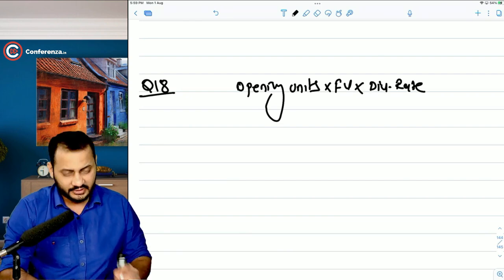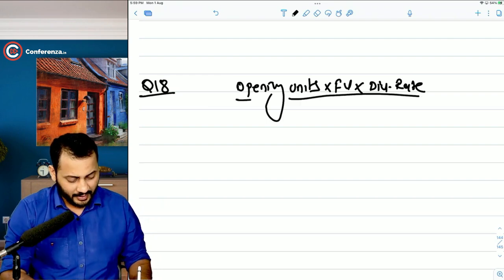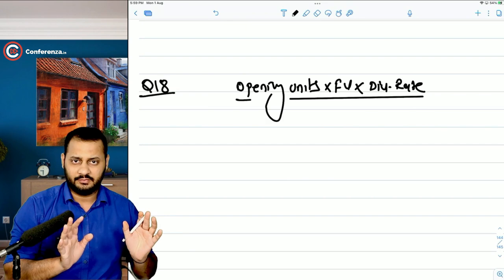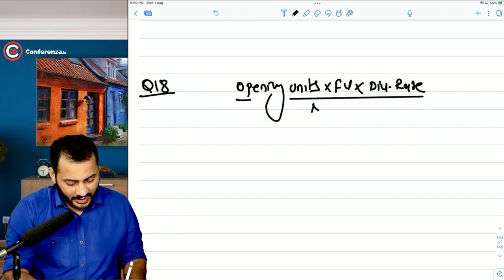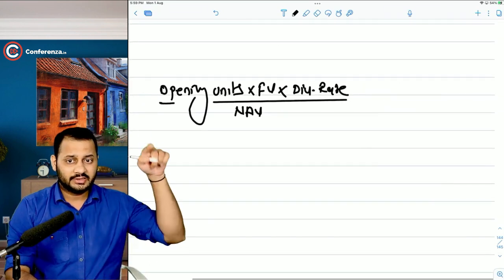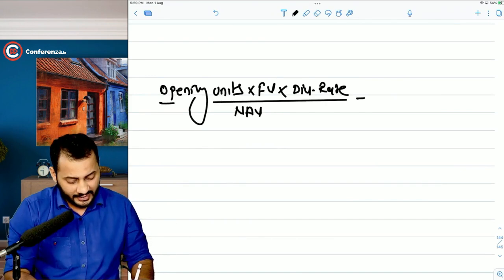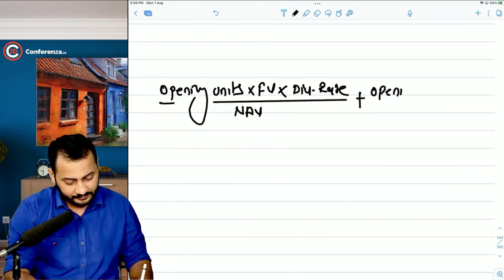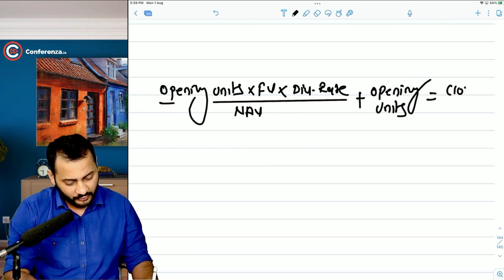Am I right? This will be the amount of dividend which will be reinvested back. This entire amount of dividend will be reinvested back at that date's NAV. And what will be this answer? This will be the additional units that you will be adding to your opening units, and the total will become closing units. Am I right?